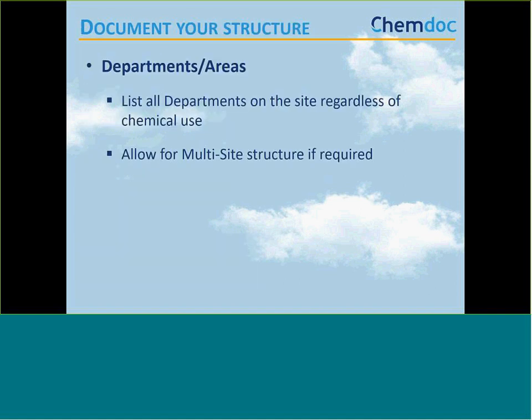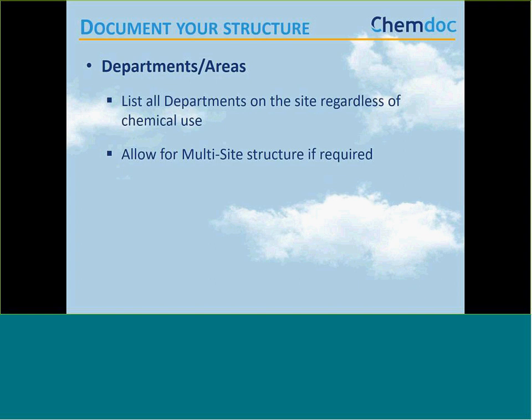The first step is to document your structure. List what your departments and areas are within your organization. One mistake I would see is people starting off by listing chemicals. I start with departments first. Regardless of what chemicals are on site, look at the departments as if you're organizing them for quality or HR or any other function.